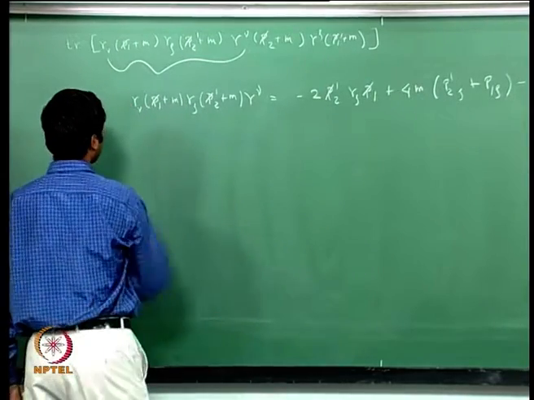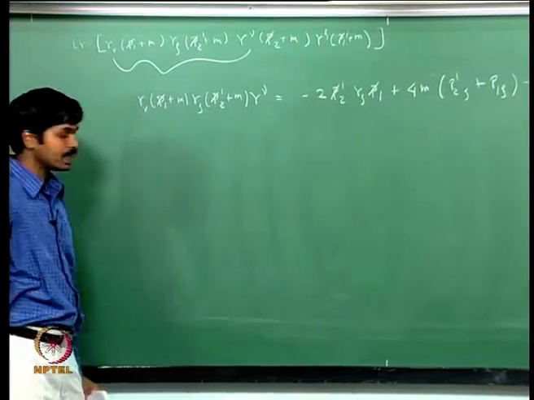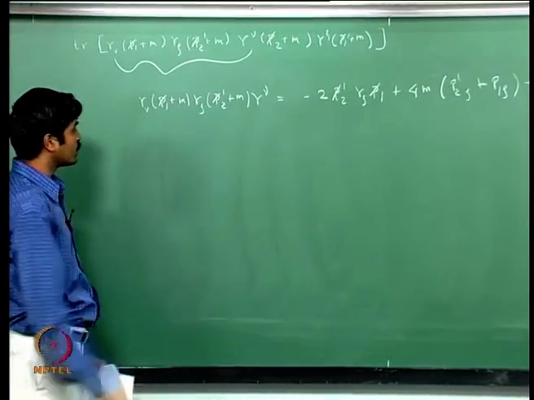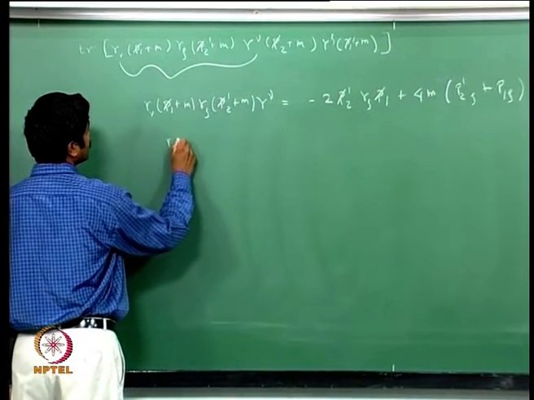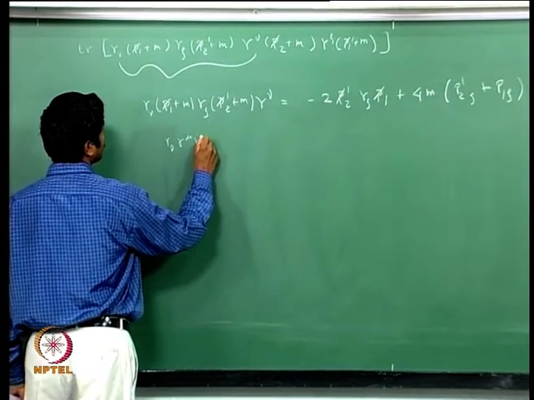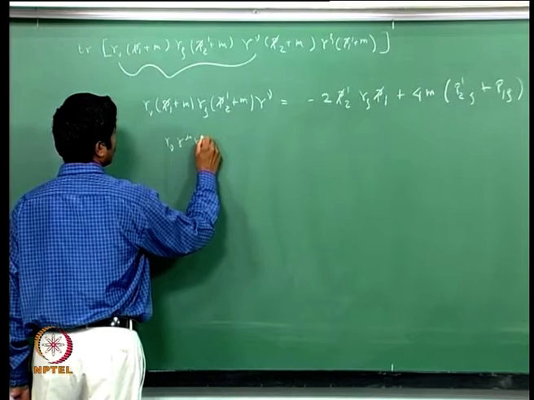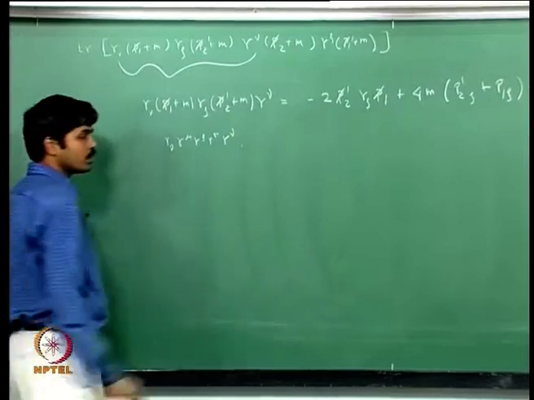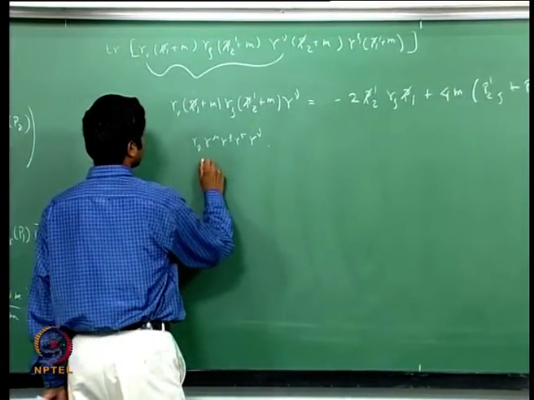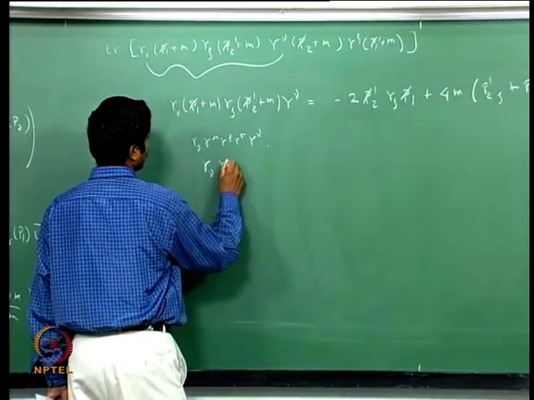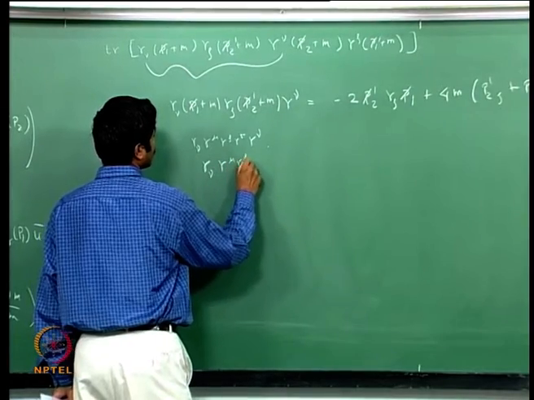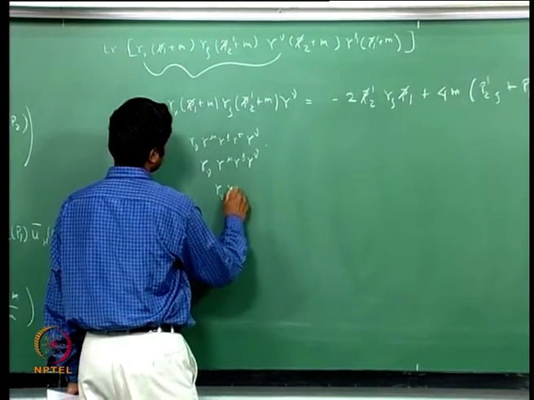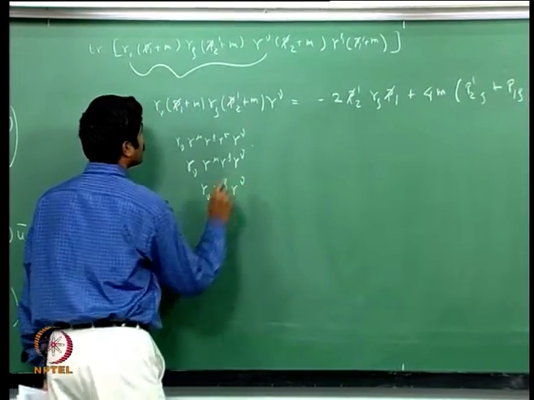To prove this, we will note several identities. One of them involves terms like gamma nu, gamma mu, gamma rho, gamma sigma, gamma nu. This also involves gamma nu, gamma mu, gamma rho, gamma nu, and also a term like gamma nu, gamma rho, gamma nu.